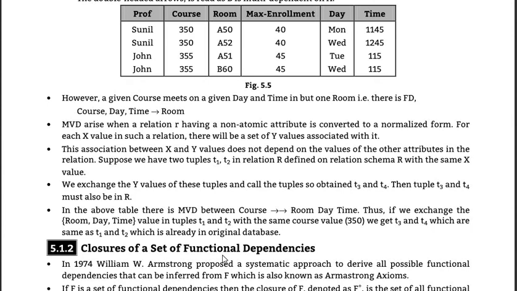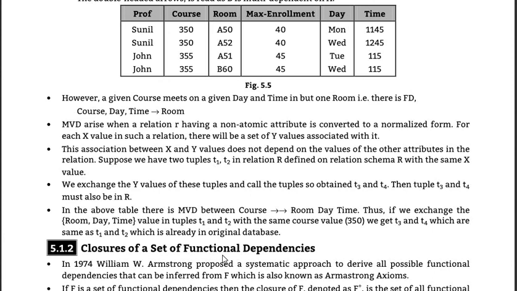For each x value in such a relation, there will be a set of y values associated with it. Take the example of x determines y, or you can say y is functionally dependent on x.